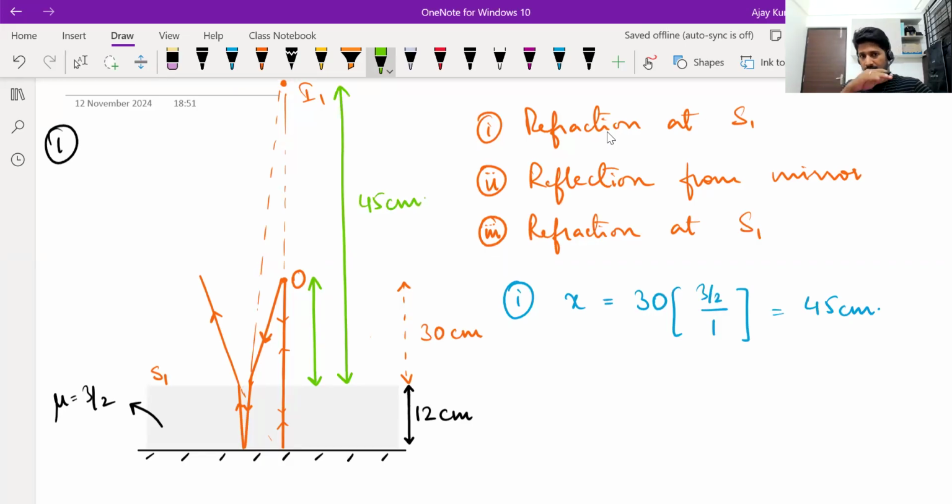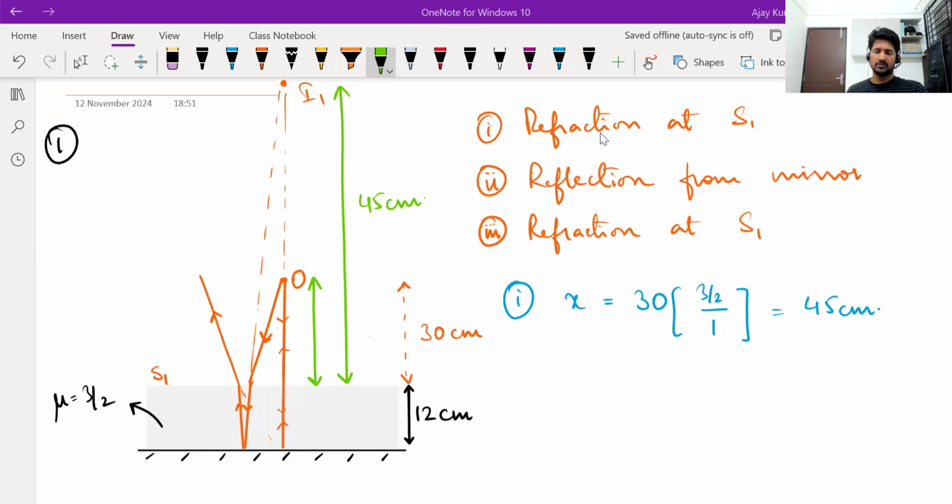Now for the mirror, which is basically the base of the glass slab, the rays will appear to be coming from I1. The angle at which they are striking the mirror, it is as if they are coming from I1. That is why we say I1, the image formed by the first refraction, behaves as an object for the next thing that is happening, that is reflection.